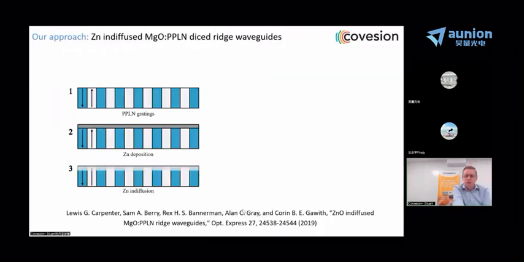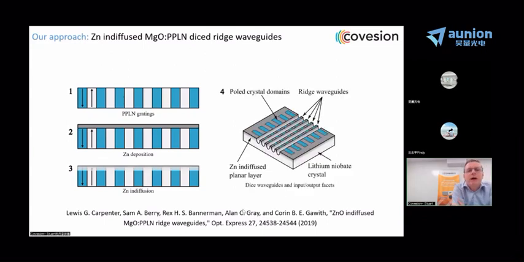So the technological route we've chosen is to develop a waveguide structure. In our case, the waveguide structure itself is a diced ridge waveguide based on zinc indiffusion into the lithium niobate wafer. Covesion is a commercial company.